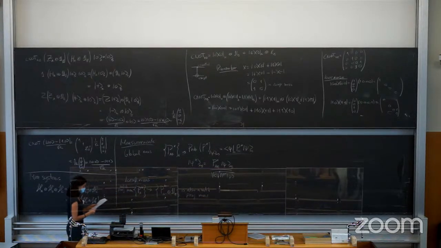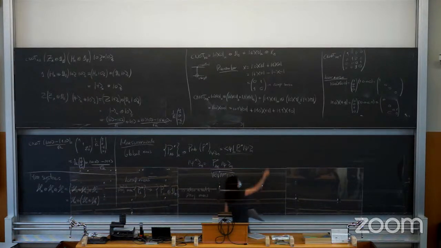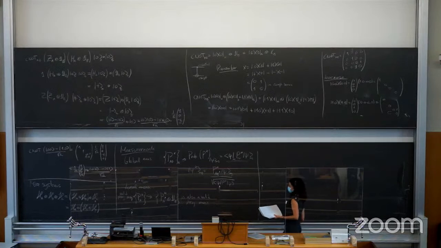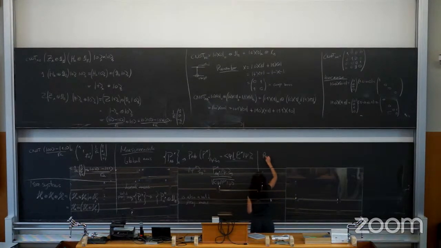And we can prove this. I mean, don't just take my word for it. So let's just see that this is true. So remember, there were two conditions that it had to satisfy. First, we need to see that all the projectors sum up to the identity.